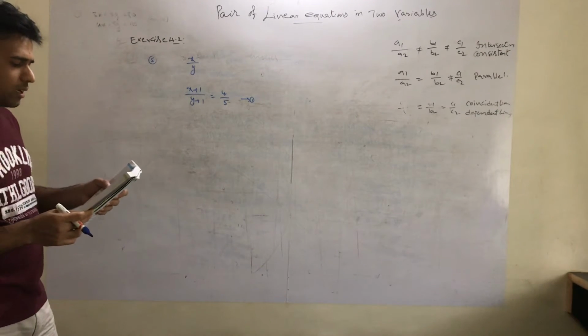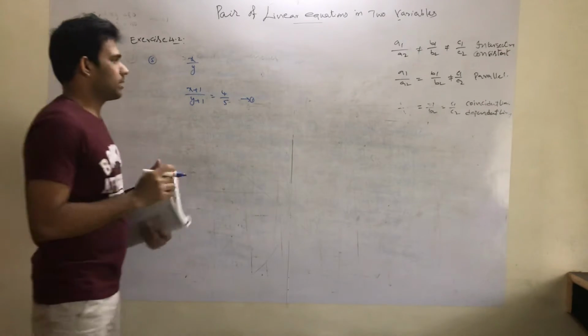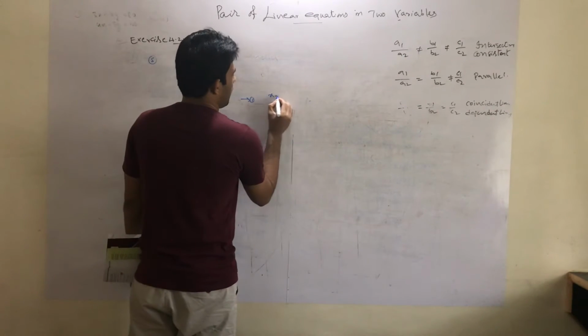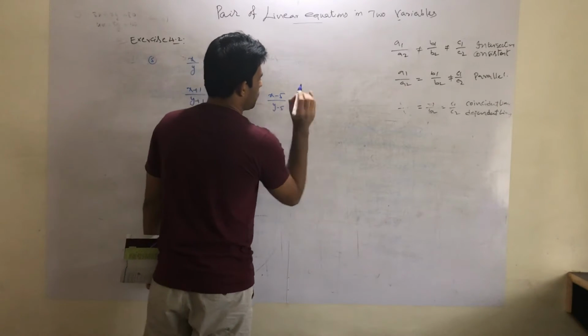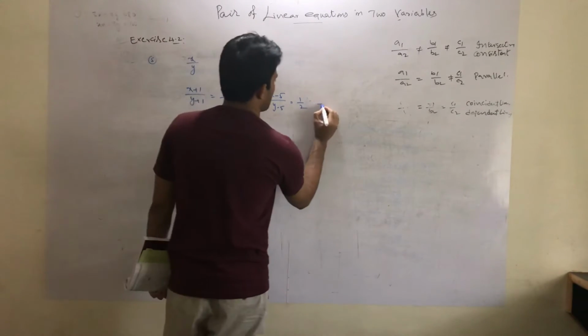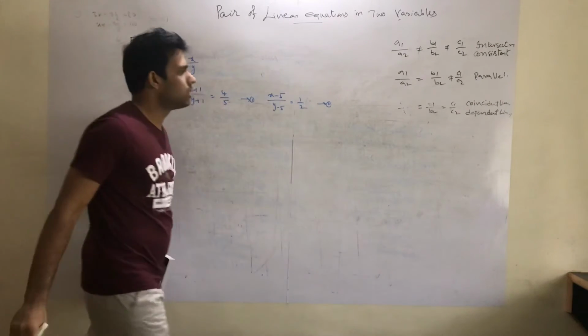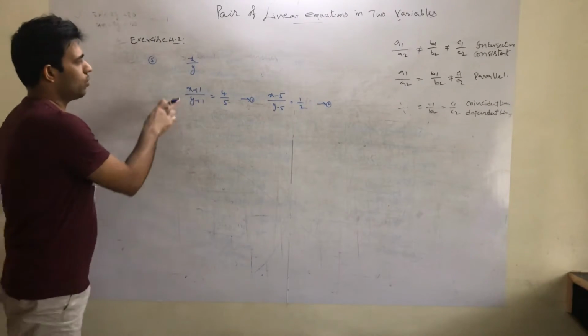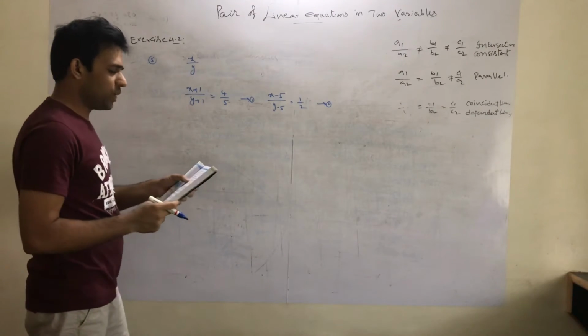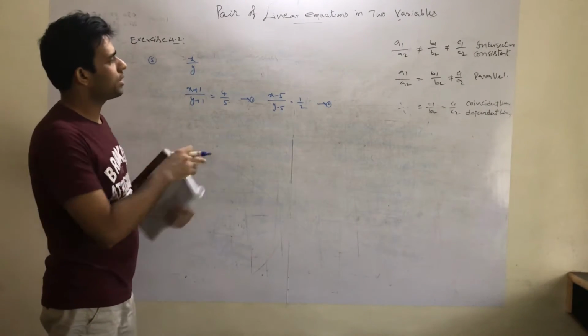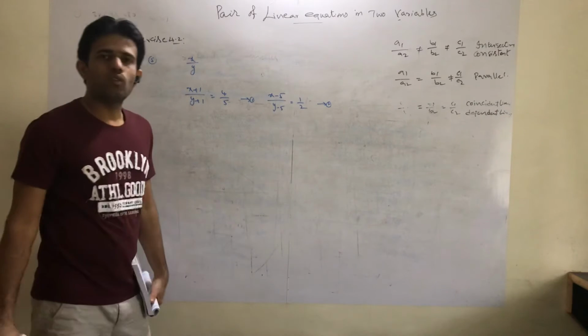And similarly, when 5 is subtracted, so x minus 5 by y minus 5, it is becoming 1 by 2. So, two equations again, right? 1 is added to both numerator and denominator, the fraction is becoming 4 by 5, and 5 is deducted from both the numerator and denominator, the fraction is becoming 1 by 2.